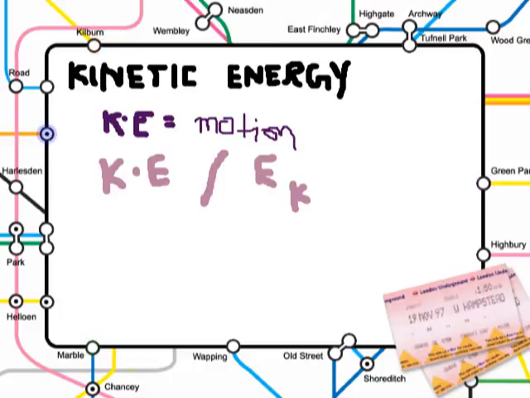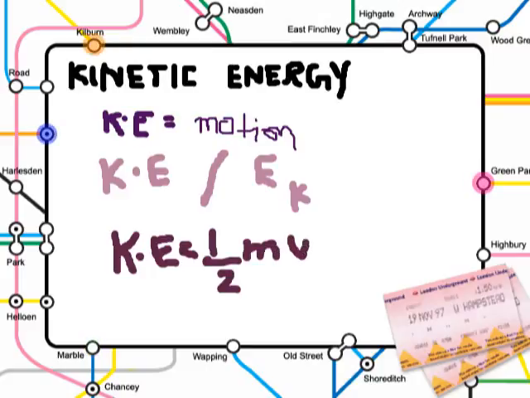So the formula for kinetic energy is KE equals 1/2 mv squared. This is the formula for kinetic energy, that is 1/2 mv².